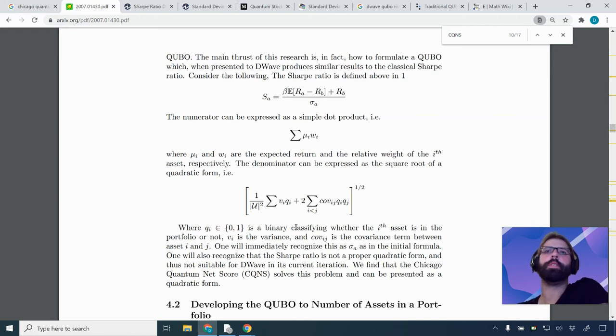I guess it's the variance of each asset, plus the covariance.